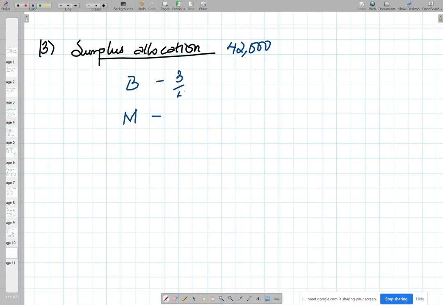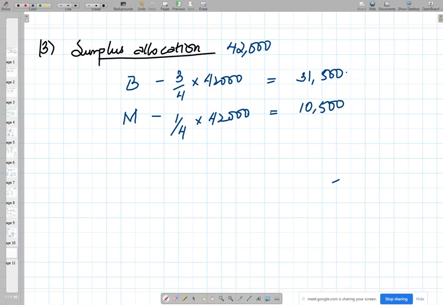So 3 by 4 into 42,000 and 1 by 4 into 42,000. Now here how much will you get? Let's calculate and see. In the first case, 42,000 multiplied by 3 divided by 4, you get 31,500. And in the second case, directly 42,000 divided by 4, you will get 10,500.